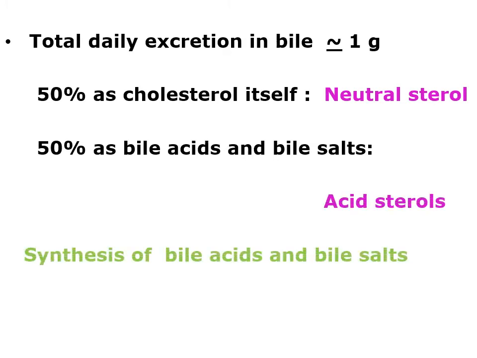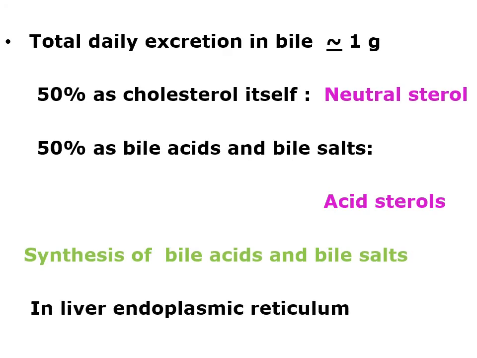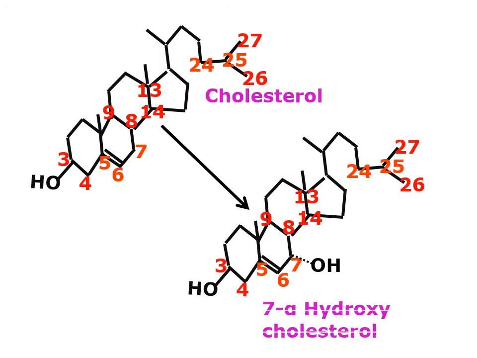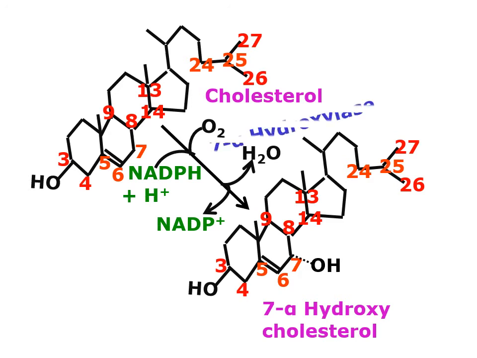Synthesis of bile acids and bile salts takes place in the liver endoplasmic reticulum. This is cholesterol, a 27-carbon compound. At the 7th position, an OH group is added, and the compound is now called 7-alpha hydroxycholesterol. This takes place in the presence of the enzyme 7-alpha hydroxylase, utilizing NADPH.